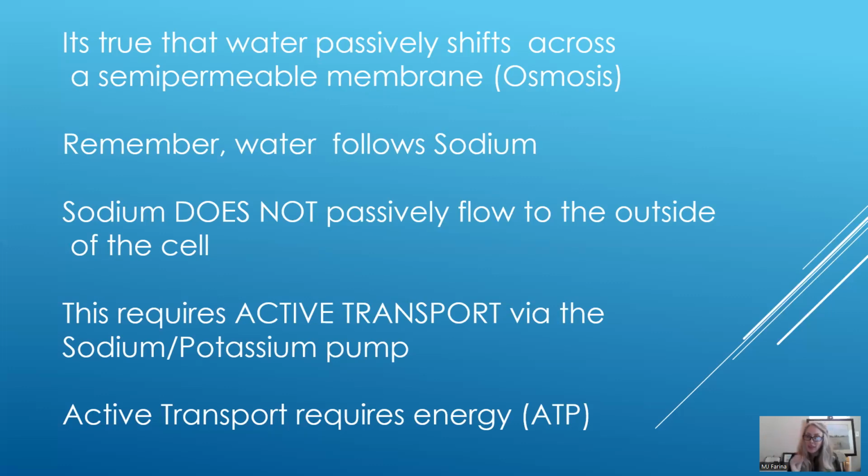We need ATP for active transport to occur. So that ATP is going to fuel what's known as the sodium-potassium pump. Okay, and then what's going to happen is that through active transport, that ATP is going to kick out 3 sodium molecules for every 1 ATP.